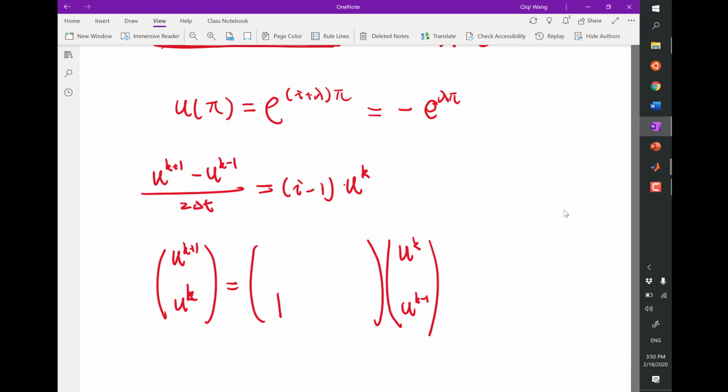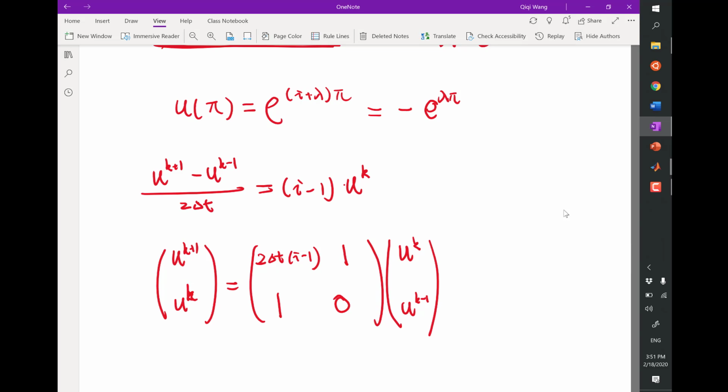Yes, thank you. Now the first row is a little bit different. It's no longer 0 and 1. The second entry is still 1, but the first entry is no longer 0. What is it? Two delta t times lambda, which is minus 2 delta t.